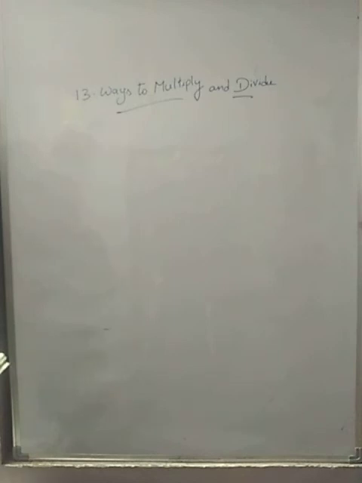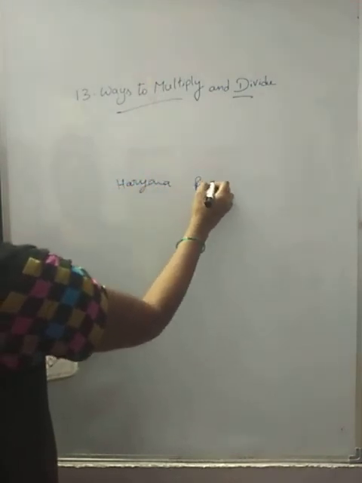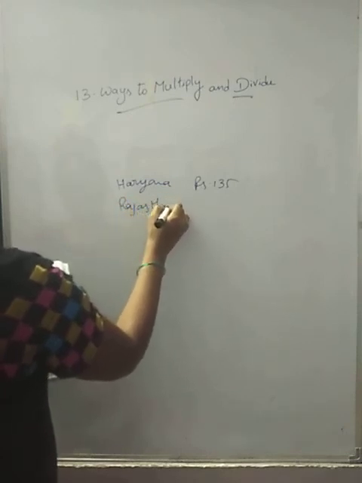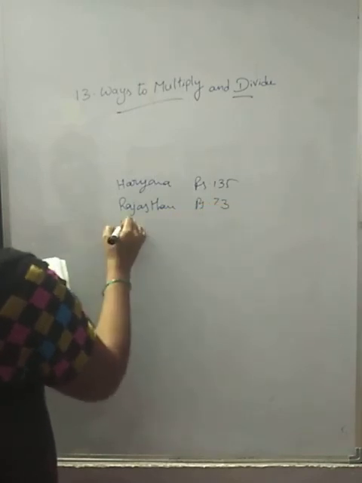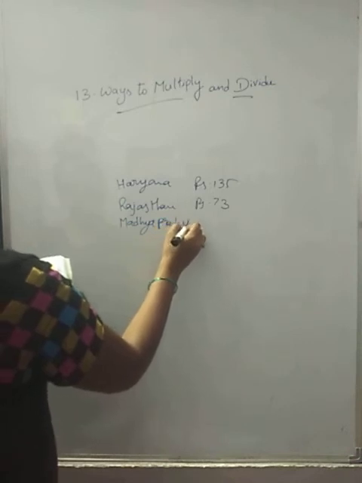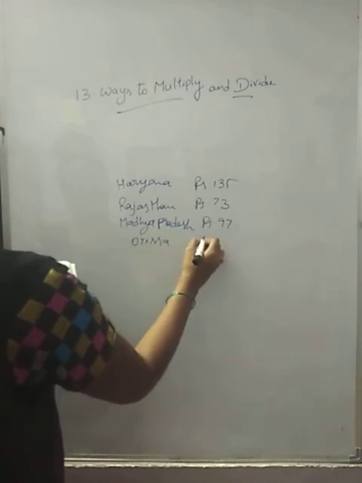Next, I saw this in the newspaper. Governments of different states have said farm workers should not be paid less than a certain salary a day. Here, Haryana 135 rupees, Rajasthan 73 rupees, Madhya Pradesh 97 rupees, Orissa 75 rupees.